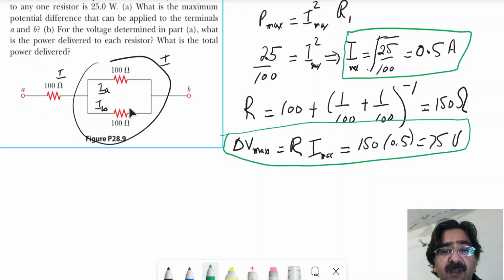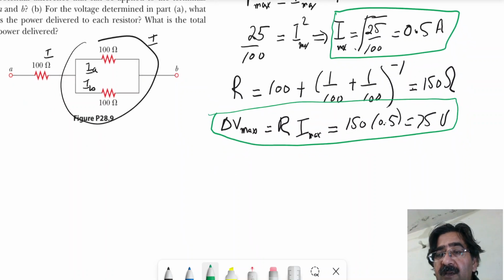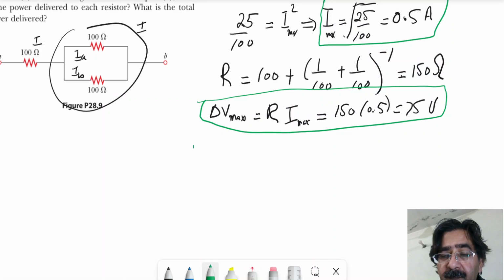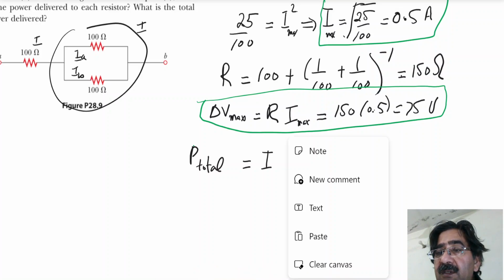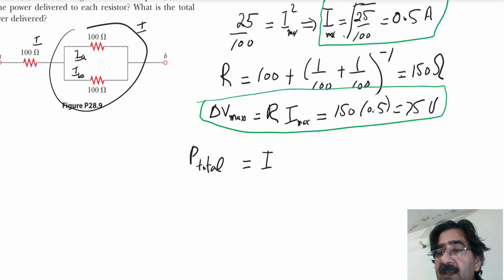Firstly, we will find the total power delivered, P total, which is equal to the total current, I max, times the total delta V, V max.